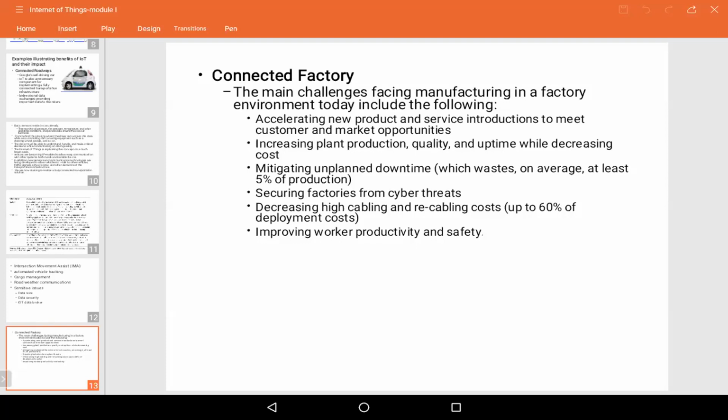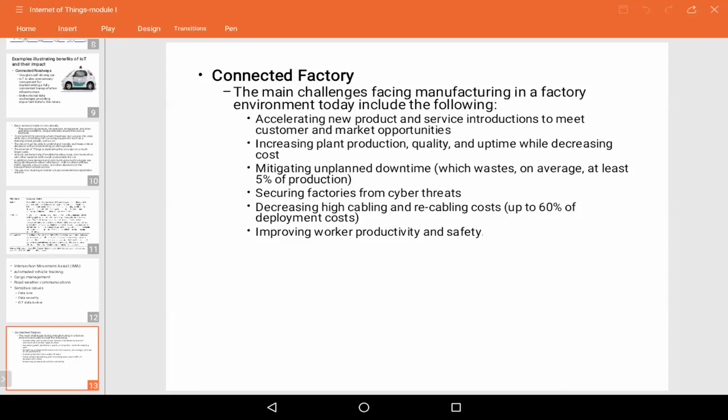And these products are delivered to the customers with a lot of advertisements. Now we see advertisement ruling everywhere. Without advertisement, I don't think a product gets sold easily. So the first one is how new products were accelerated between the customer and the market.